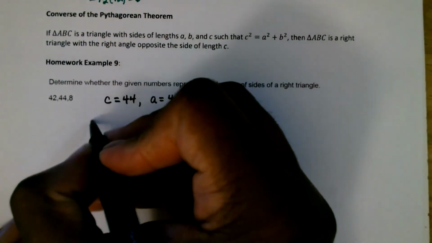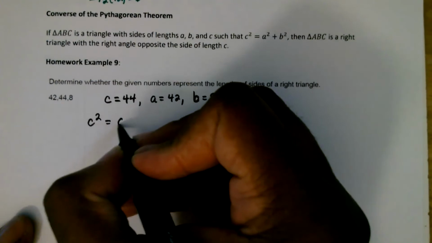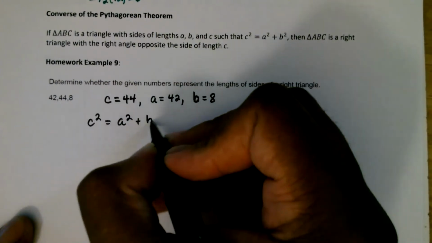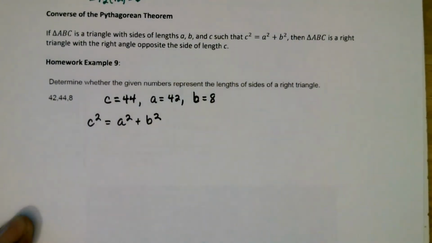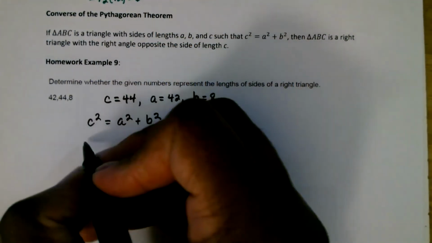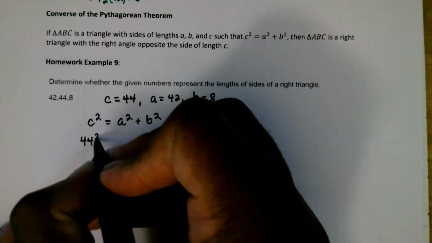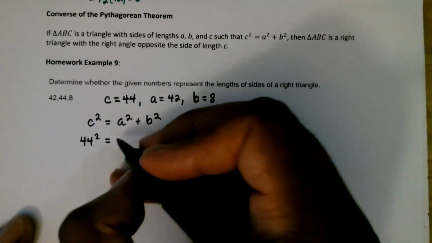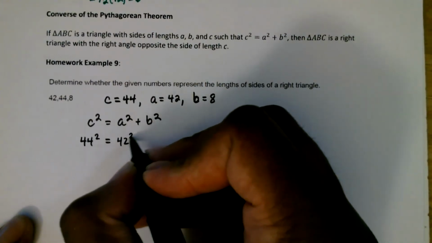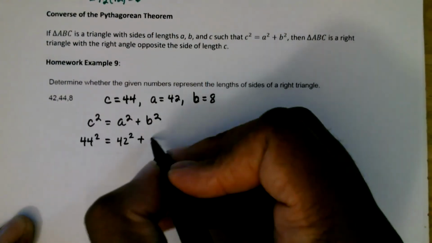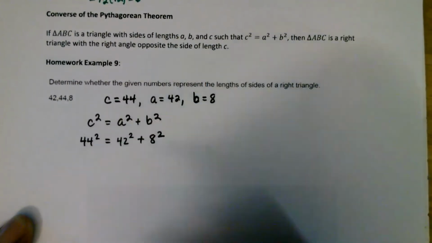So now we're going to use that Pythagorean theorem. C squared is equal to A squared plus B squared. And in this case here, your C is going to be 44, and that's squared. Your A is 42, that's squared, plus B, which is 8, and that's squared.